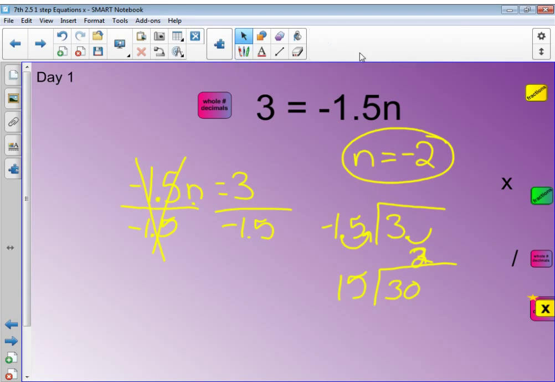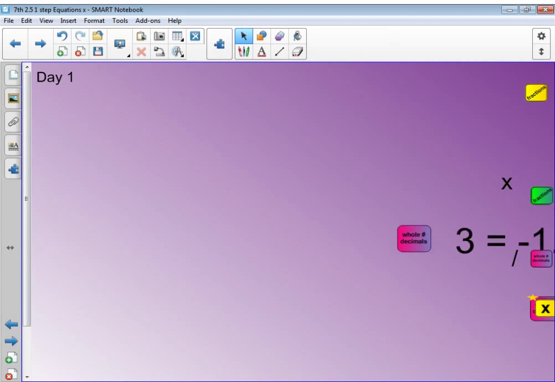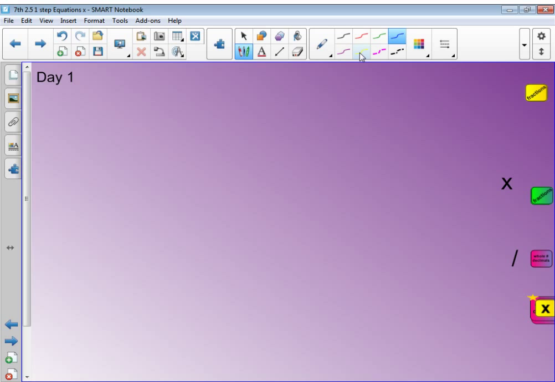Okay, so I'm going to write one up here for you to try. Let's do negative 45n equals 450. As you're working through it, I need you to show your steps and then solve for your final answer.